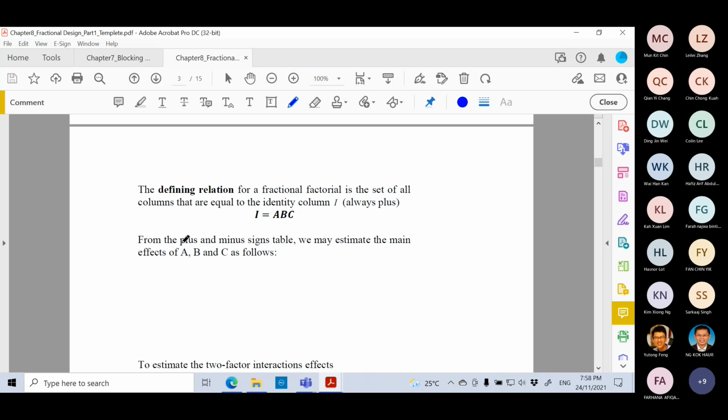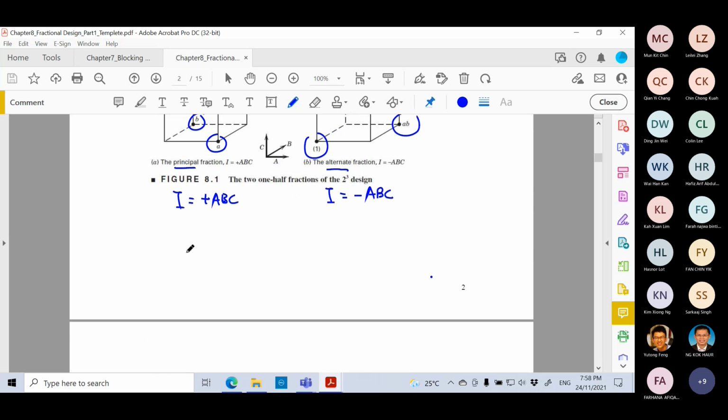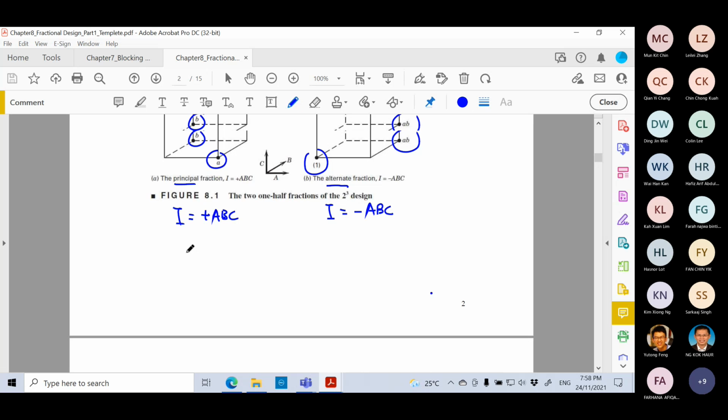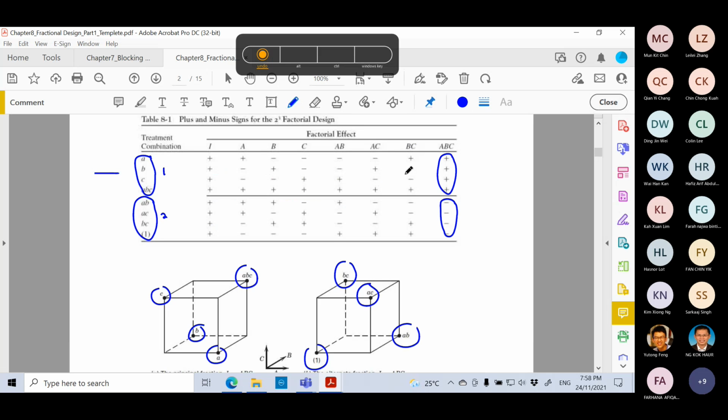How do we calculate the effect of A? You use the contrast divided by the total average. For the effect of factor A, I only concentrate on the plus sign here. If I want to know the effect of A, you run 4 of them.